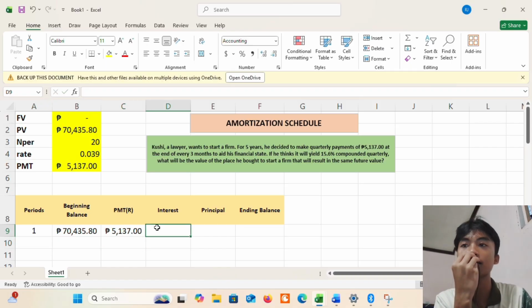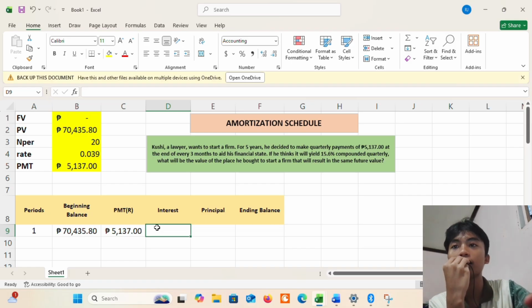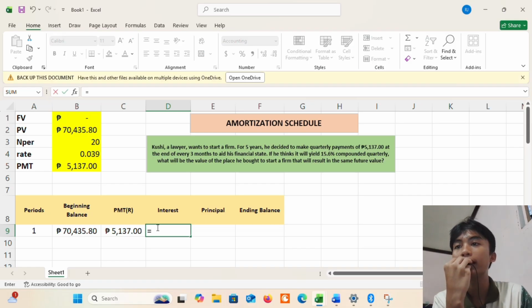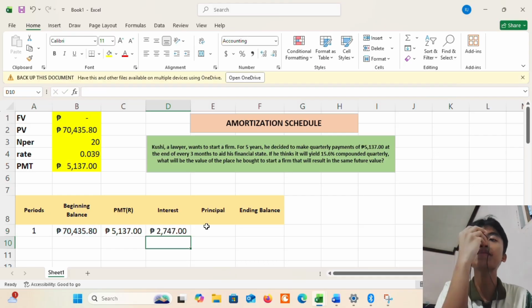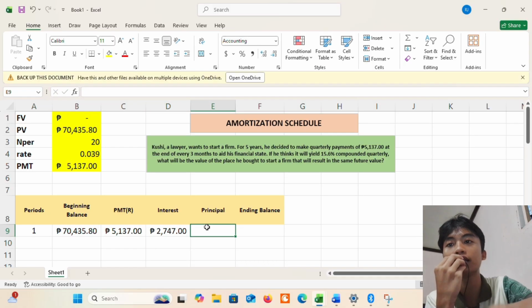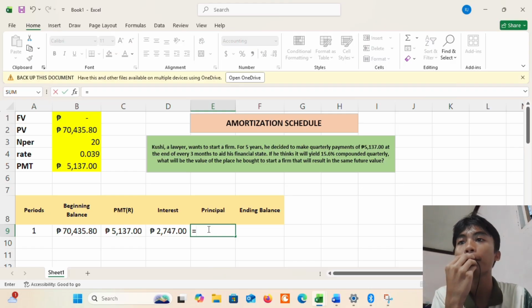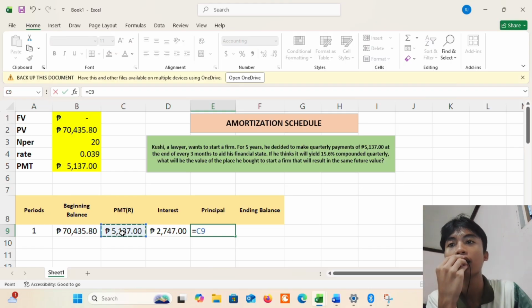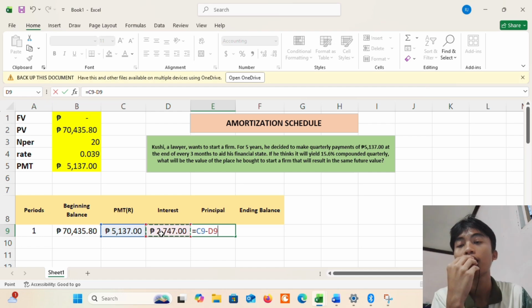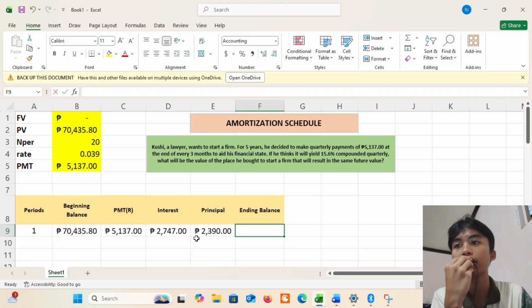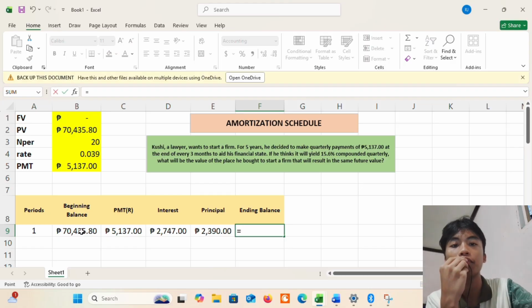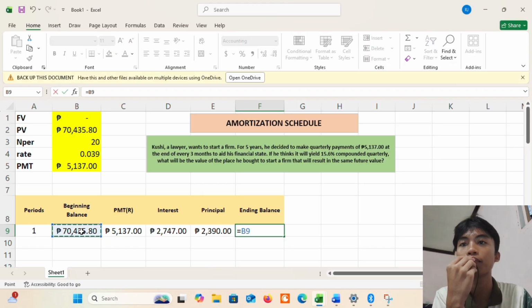And for the interest, equal sign, the beginning balance multiplied by the rate. Next is the principal. The principal equals the PMT minus the interest. Next, for the ending balance, let's have equals beginning balance minus the principal amount.